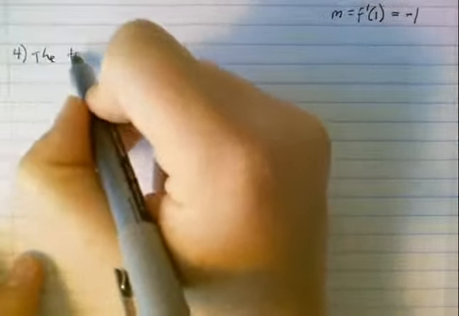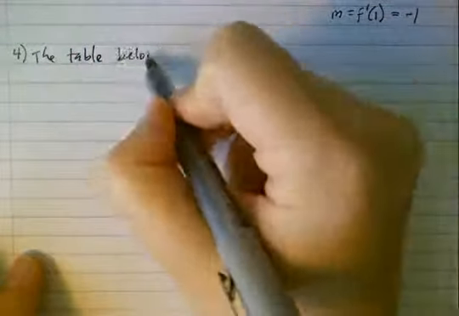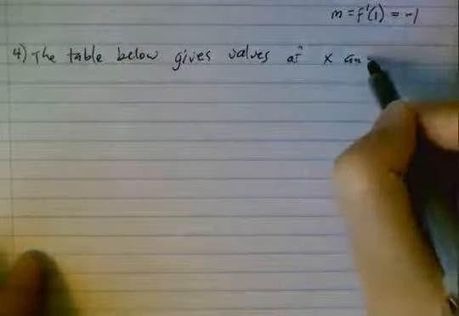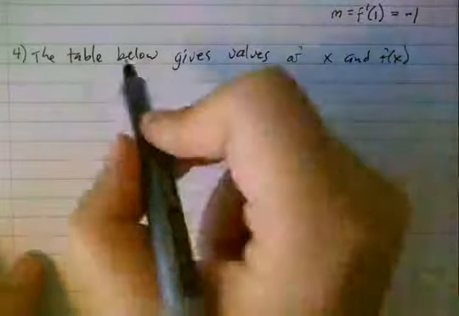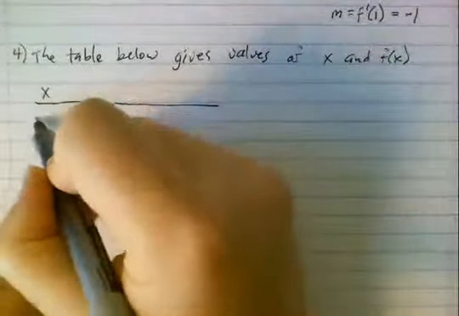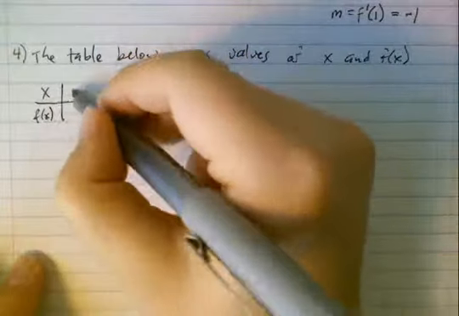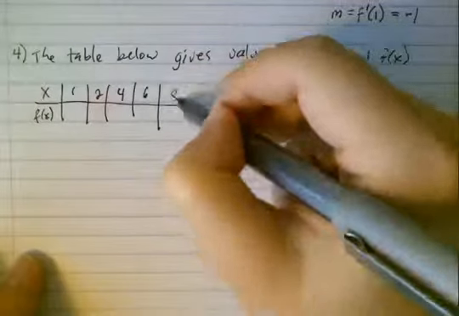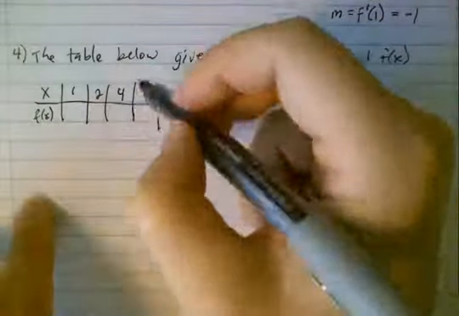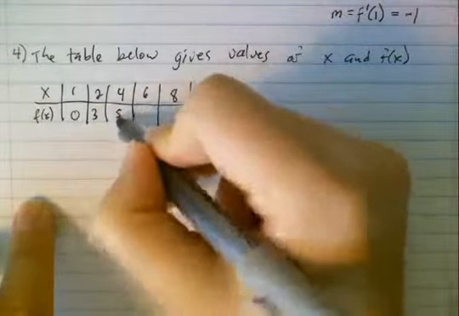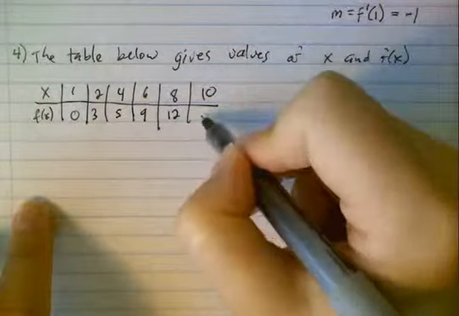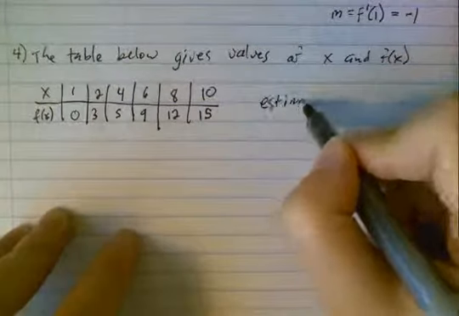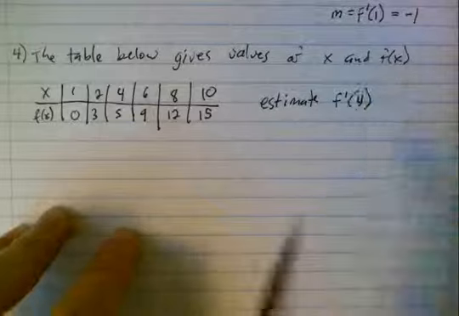So the table below gives values of x and f of x. Estimate f prime of 4.